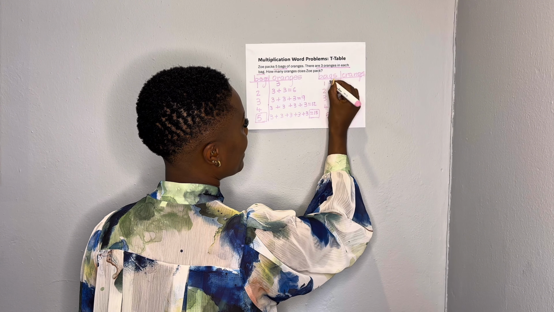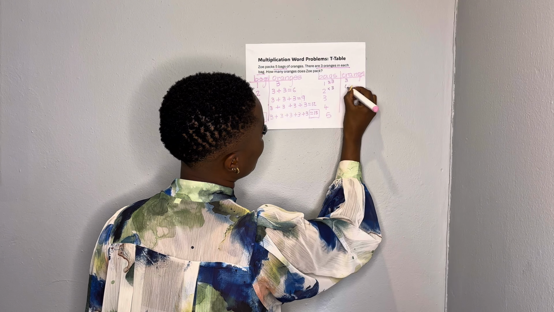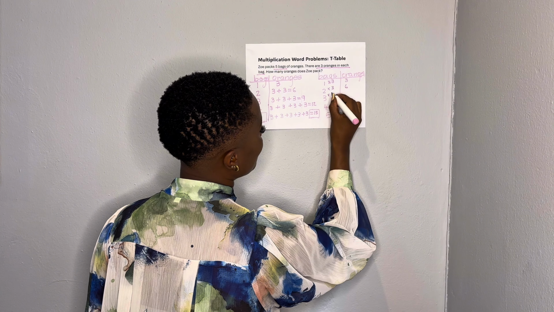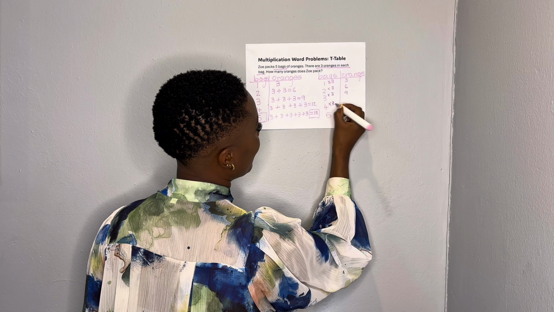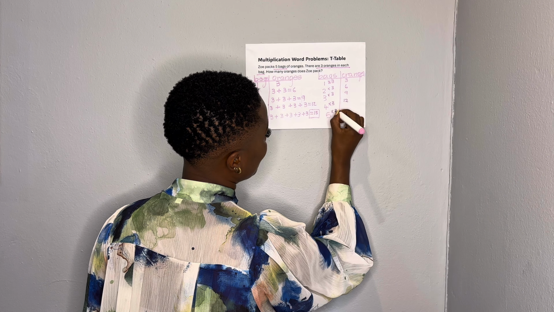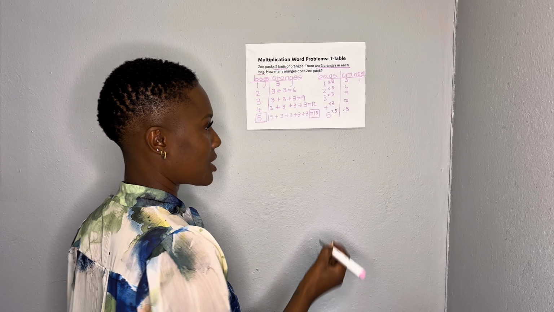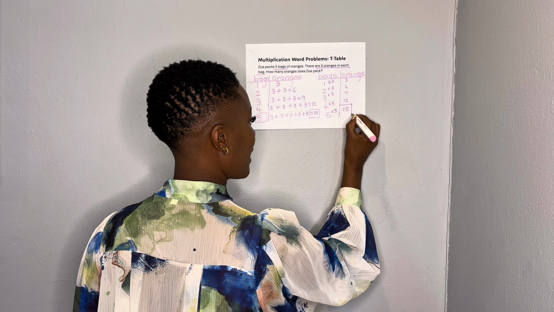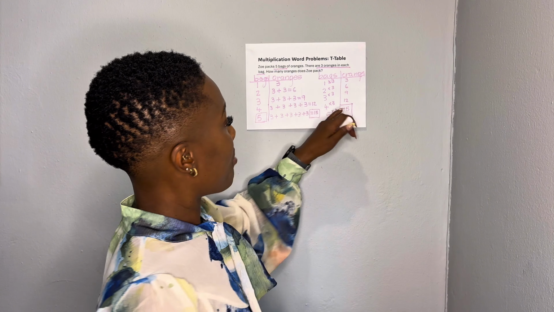So it will be 1 times 3 gives us 3. 2 times 3, 6. 3 times 3, 9. 4 times 3, we get 12. 5 times 3 gives us 15. So how many oranges are in 5 bags? There are 15 oranges in 5 bags.